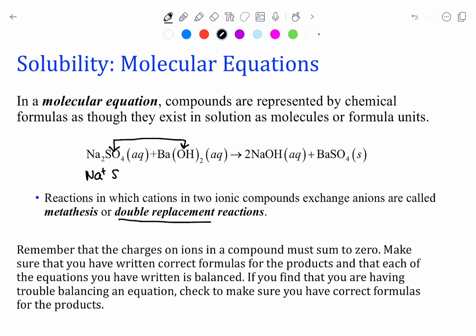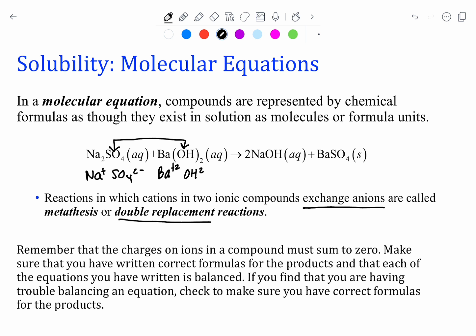We have Na+, SO4 2-, Ba 2+, OH-. So when they're in solution, they are going to switch their anions. So they exchange their anions. So because it's happening between 2 species, we call this a double replacement reaction.